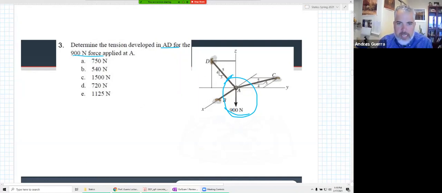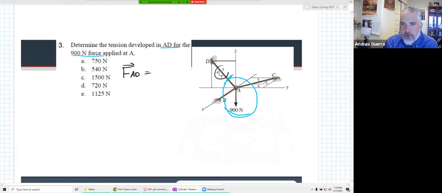Now, the only main difference between 2D and 3D that we've seen in our problems is that it's just nice to write out all of our force vectors. So let's write out the force vector from A to D in terms of the magnitude and the direction that we know. For example, this is a 3, 4, 5.